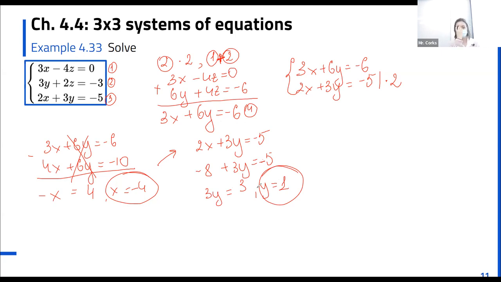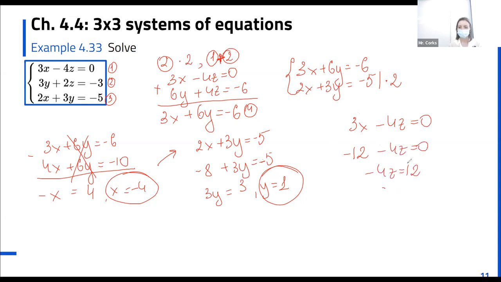And now we can use the same value of x to get our value of z from the first equation. Minus 12, because x is minus 4. Minus 4z equals 0. So minus 4z equals 12.